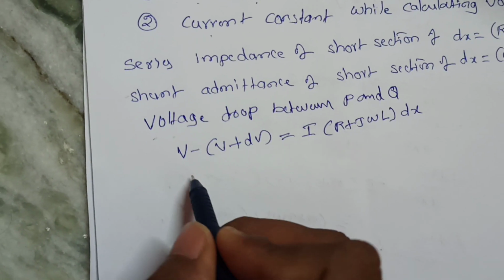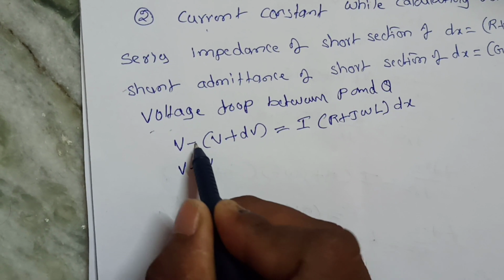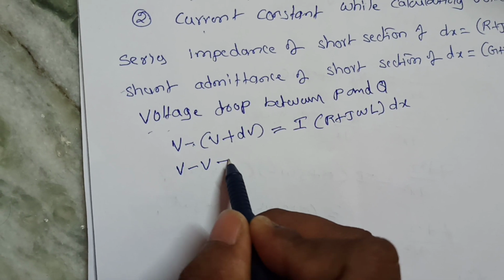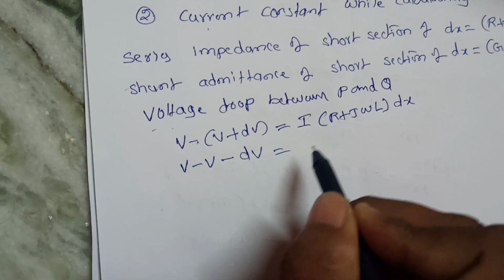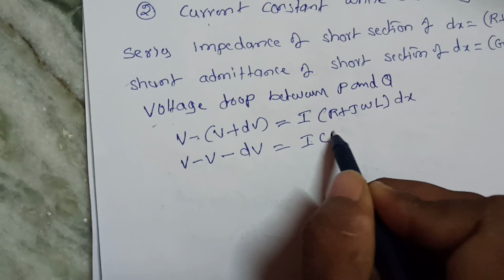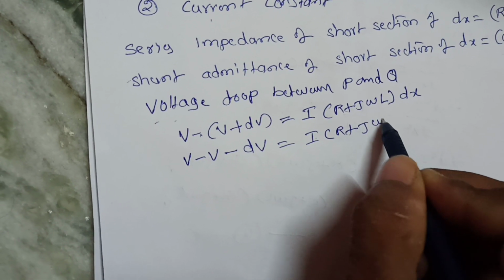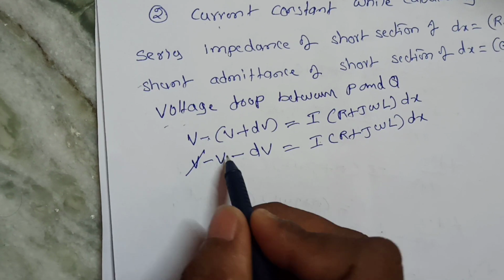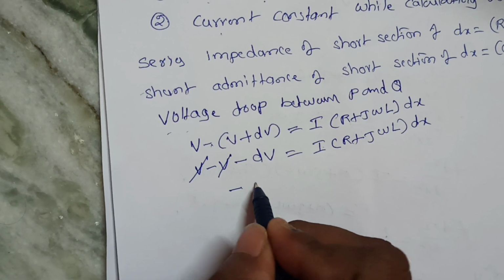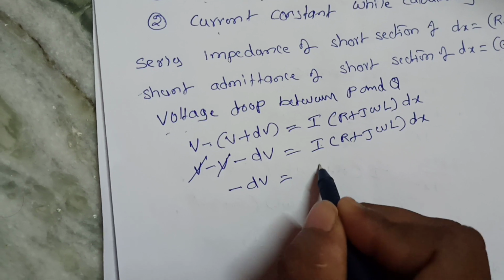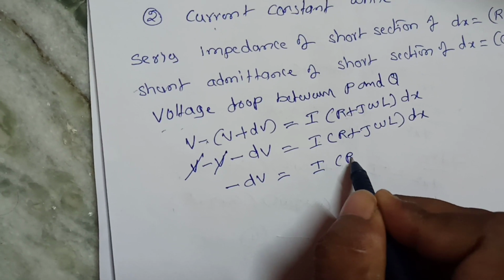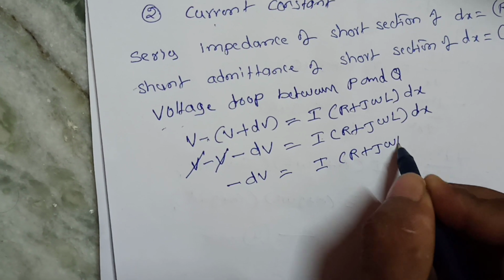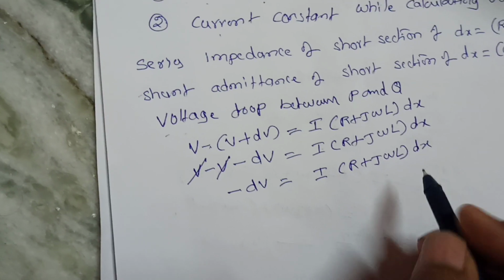So V minus V minus dV is equal to I times (R plus j omega L) dx. Then V minus V cancel. Minus dV is equal to I times (R plus j omega L) dx.